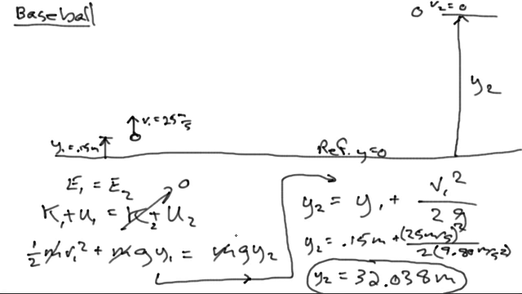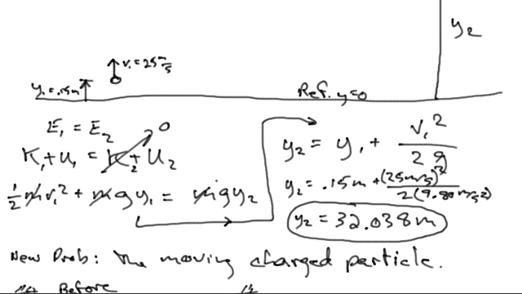So I calculate Y2 by dividing both sides by G. I'll have a Y1 and then V1 squared over 2G and 0.15.